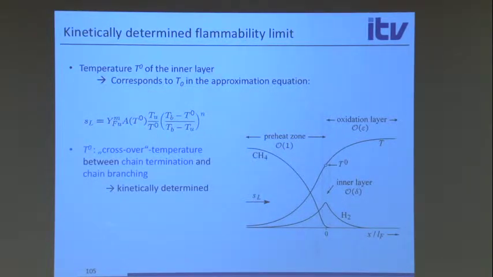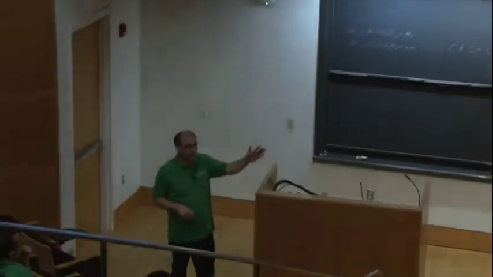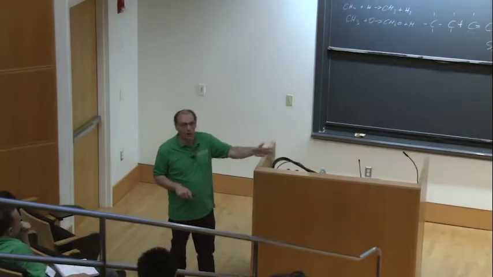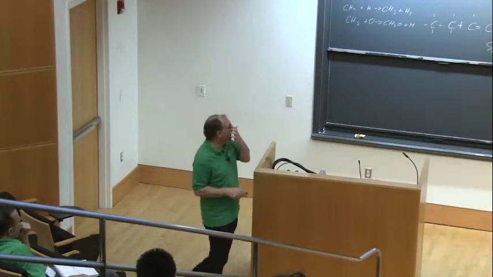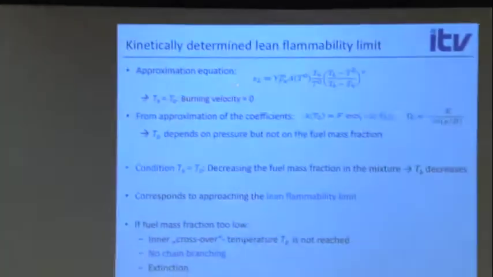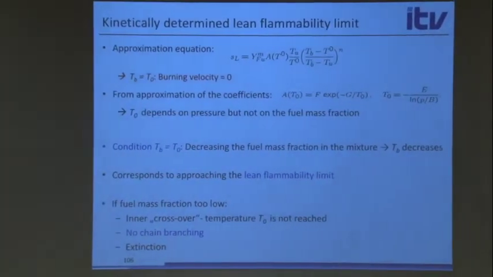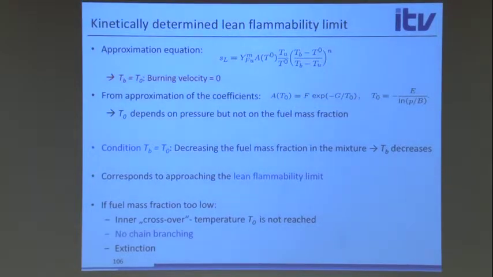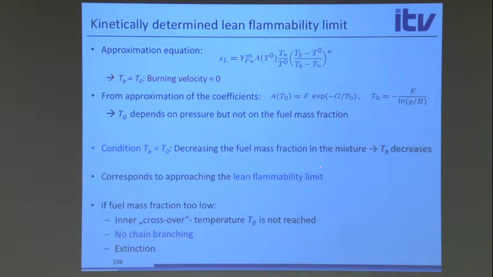So we say this is kinetically controlled. Flammability limit is when the chain branching becomes slower than chain breaking, okay? And so we can use this approximation formula, for example, to do this.